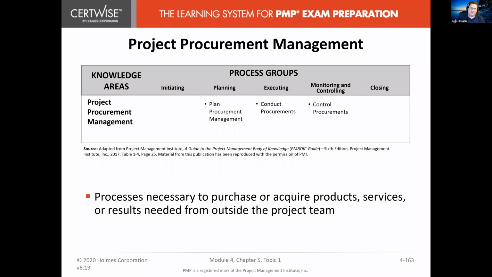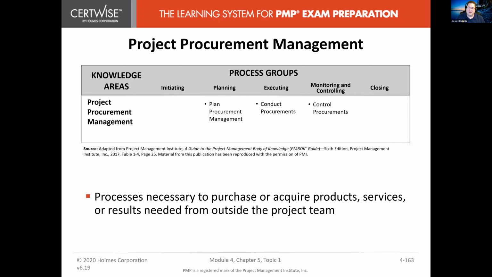So project procurement management. We're in the middle of the project here, the planning, executing, and monitoring and controlling. So we're right in the middle. However, there's some debate among PMI about adding it to the closing phase too, because you have to close out your procurements.